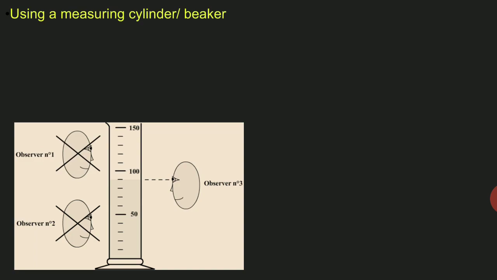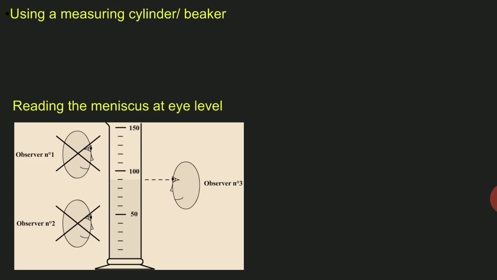Now we should not be putting the liquid level below our eye level or above our eye level. The liquid level should be straight at our eye level. It should be linear. And we have to read the meniscus at the eye level.